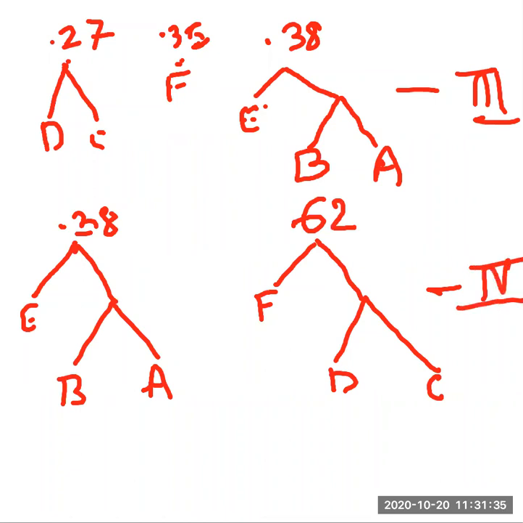Now combine both. F left as 0, right as 1. In every step, write the left branch as 0 and the right one as 1.